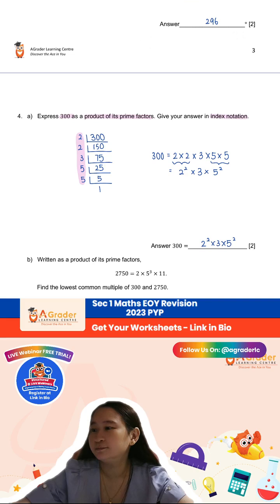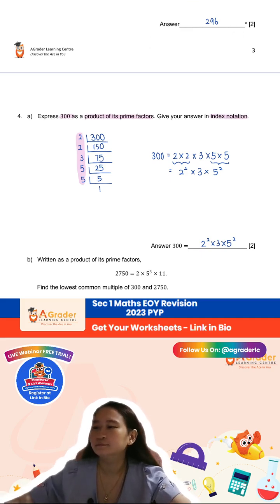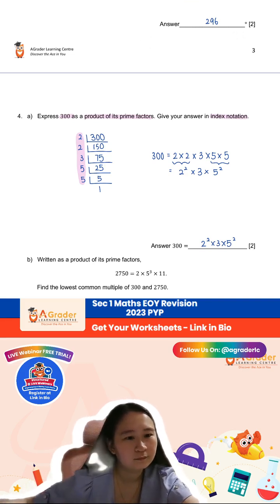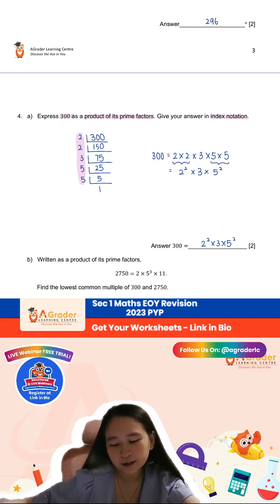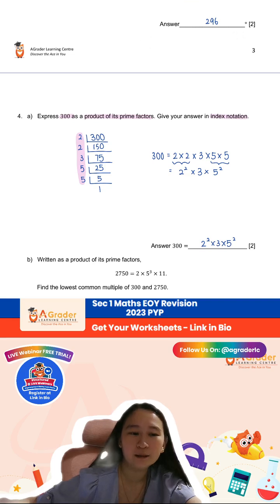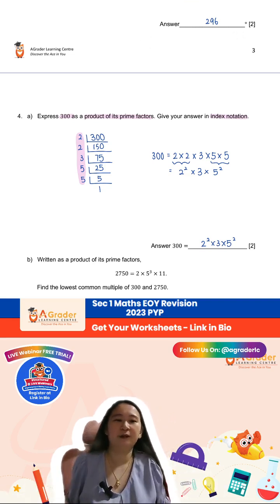Any question? Those who are done with part B can give me your answers for part B. When you list prime factors, 1 is not a prime number, remember? So you can't write 1.